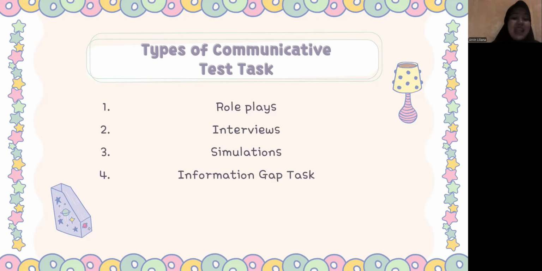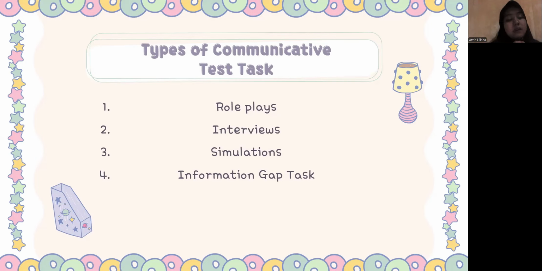The last type is the information gap task, which requires two or more test takers to exchange information in order to complete a task.